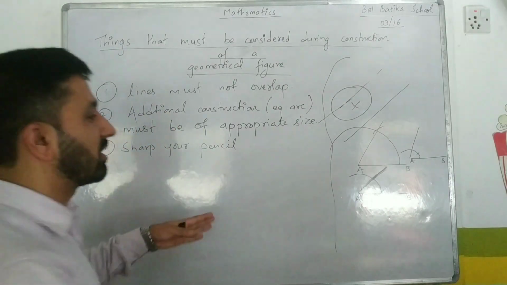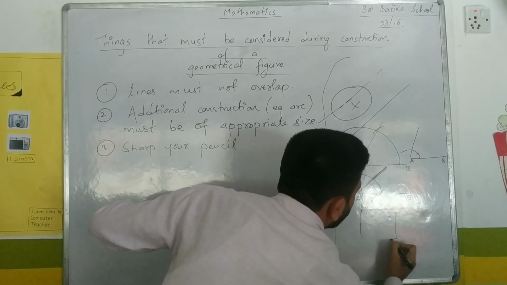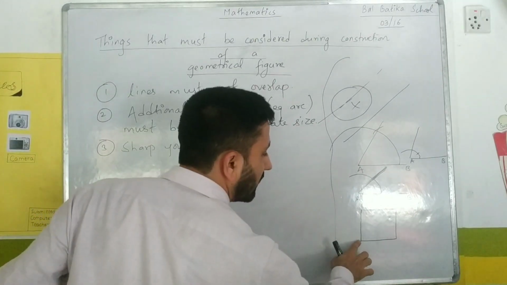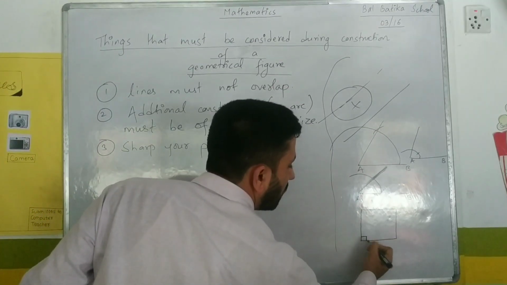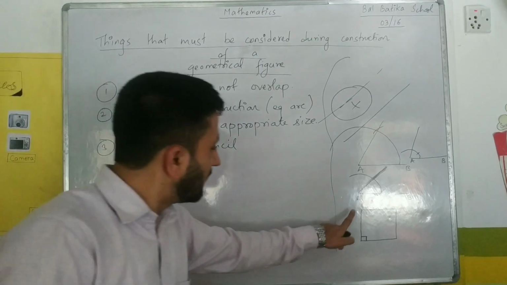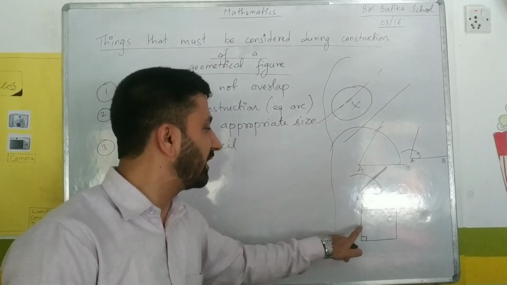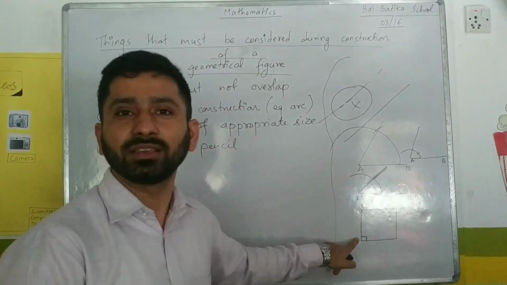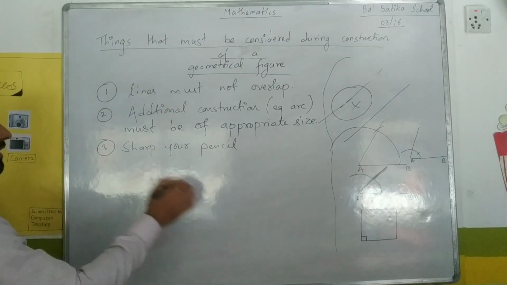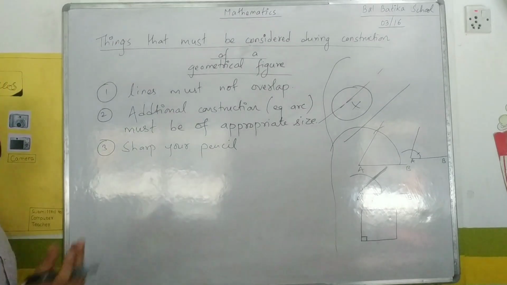The rectangle may not seem like a rectangle, and may be slightly deviated. Look, here if we see properly, though we have constructed 90 degrees over here, this line is not exactly a right angle. It is somewhat 88 degrees. This kind of error occurs in geometrical figures if we do not sharpen our pencil, or if we use a blunt pencil.